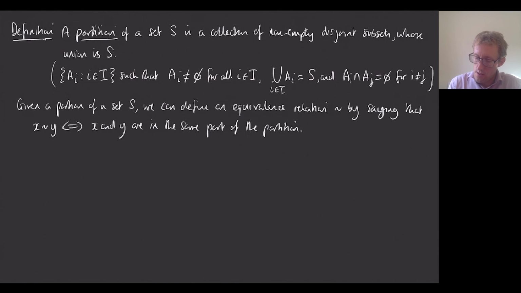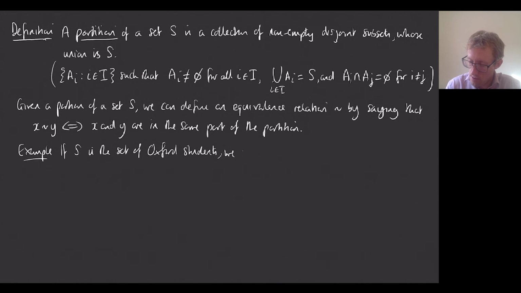Let me just give you an example, quite a straightforward example, going back to a set of students. So if S is the set of Oxford students, then we can partition it according to the colleges that they're at. So the subsets are the sets of students at each college, and that forms a partition because none of the colleges have got no students.